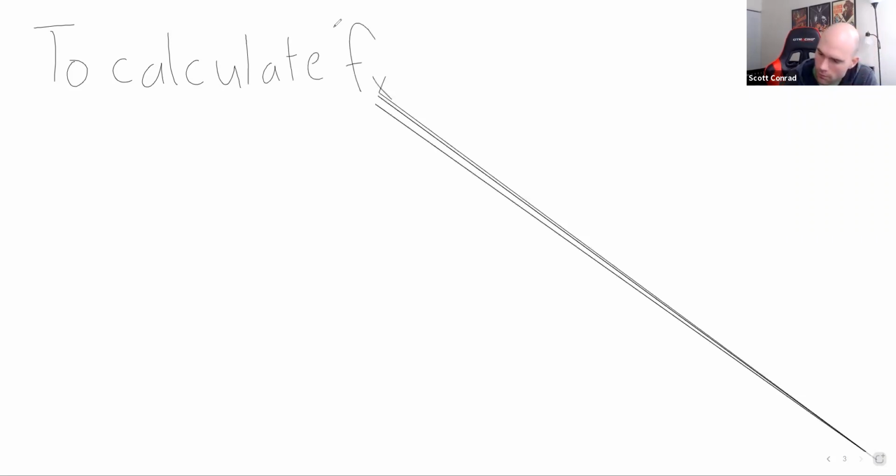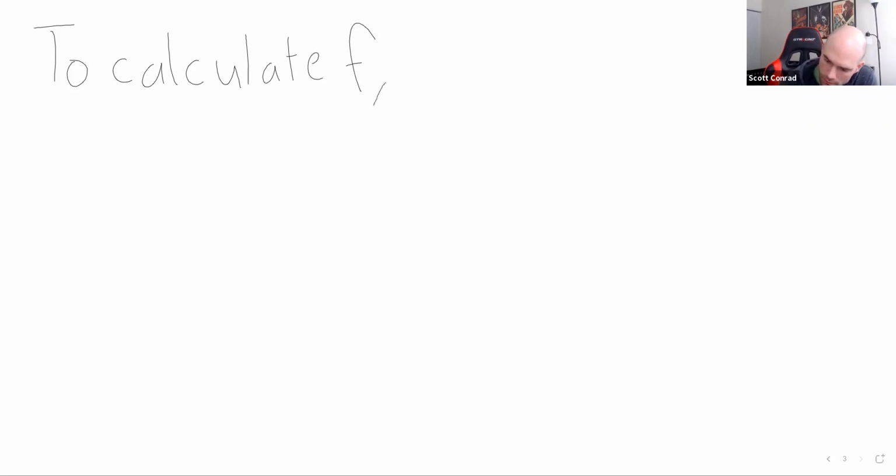The way we're actually going to calculate this, so to calculate the partial with respect to x, we're going to look at our function, and we're going to treat y as a constant. So you look at your function, you're no longer thinking about a function of two variables. You're thinking of it as a function of x now, and y is just some constant.